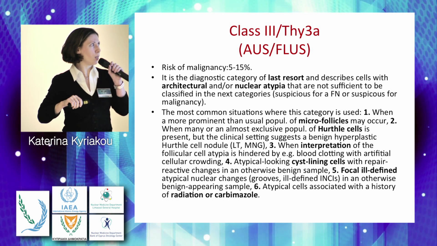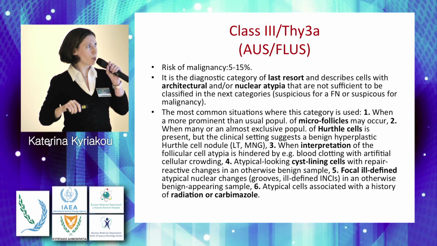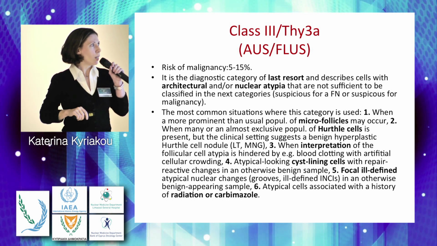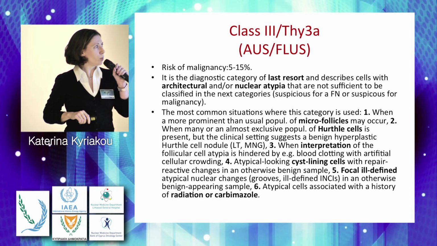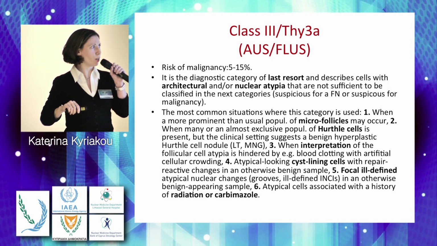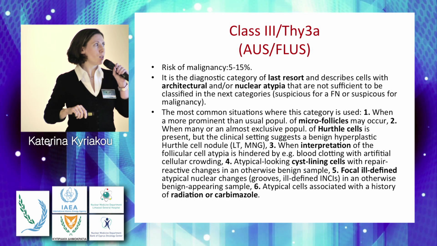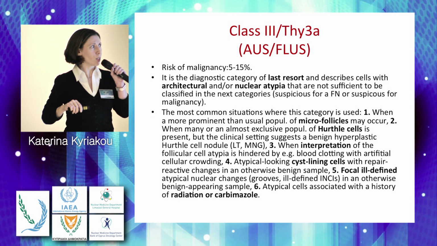So if we have about 50-50 macro and microfollicles, we use this category. The second is when you have an almost exclusive population of Hurthle cells, but the clinical setting suggests a benign hyperplastic Hurthle cell nodule. For example, in lymphocytic thyroiditis and in multinodular goiter, it is a common situation to have an increase in the Hurthle cells.